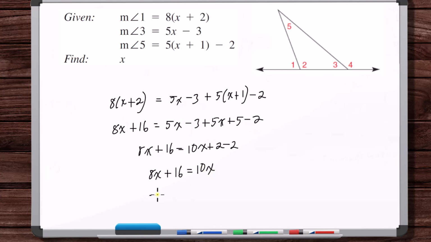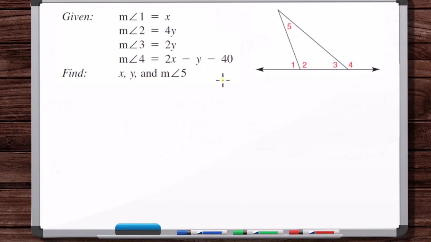Subtract 10x from both sides, add 2x to both sides, divide both sides by 2, so x is equal to 8. 8 degrees. Okay, so again, let's try and use the fact that the measure of angle 4 is going to be the measure of angle 5 plus measure of angle 2, things like that.